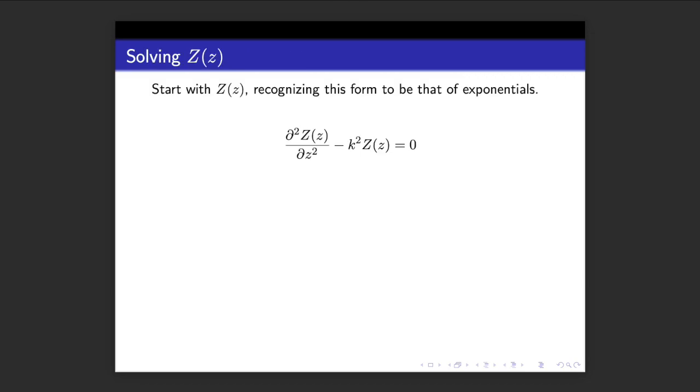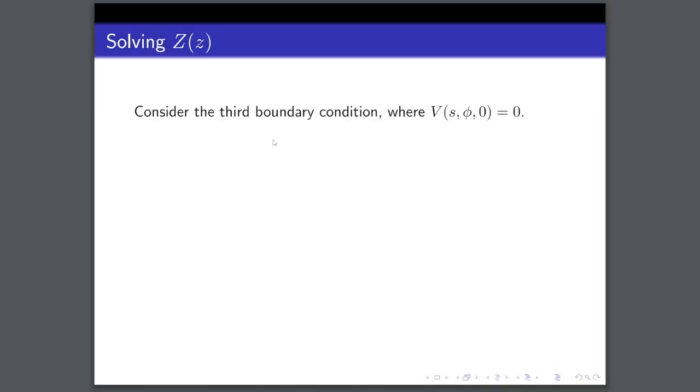Starting with the easier of the two, Z of z is in the form of an exponential. Looking at it here, it's a pretty safe guess to say that A e to the kz plus B e to the negative kz could be a form of Z of z.